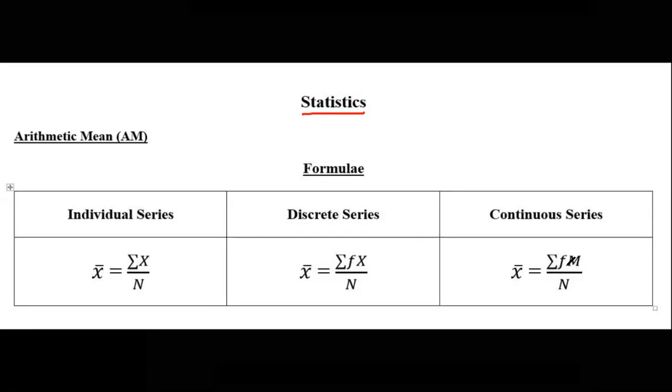So this is our simple formula, summation x by n if it is individual, otherwise if there is frequency over there, then your formula will be summation fx by n. Just multiply the frequency, and summation means plus, that you need to know. So this is all about the formulas. Let us go to the solution now.